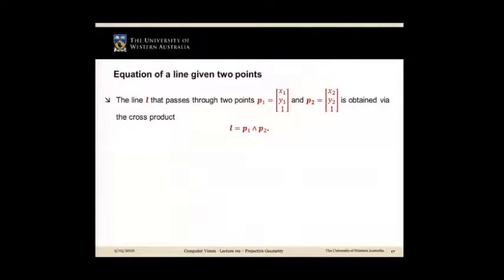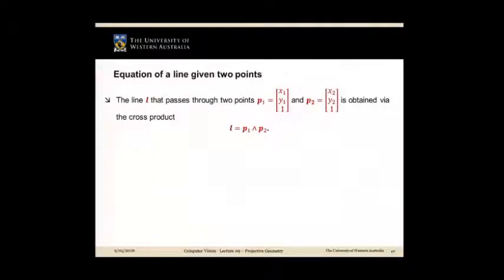Which function will you use to find a cross product of 2 points? Yeah, matrix multiplication can give you that, but what specific function in MATLAB will give you a cross product? That's cross. Cross is the name of the function, right?